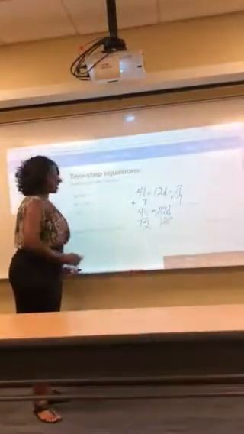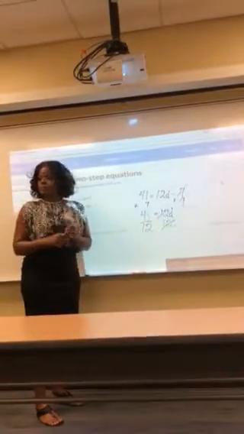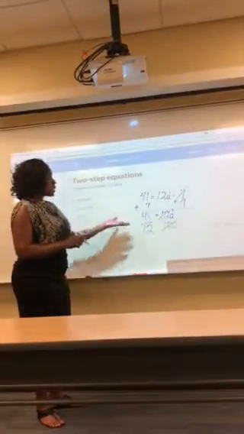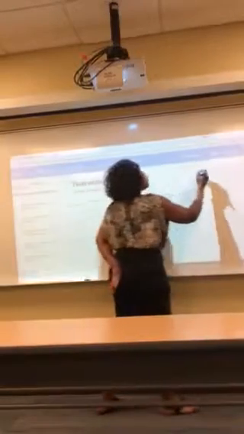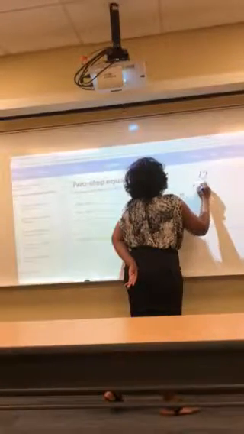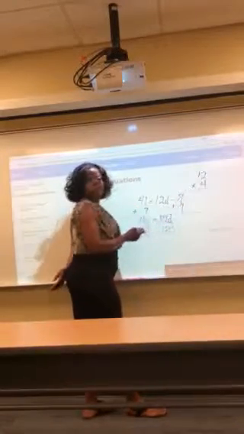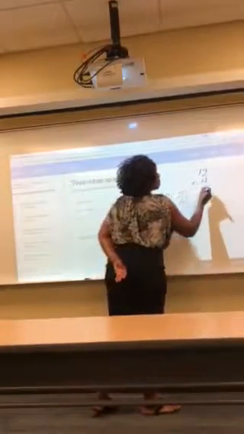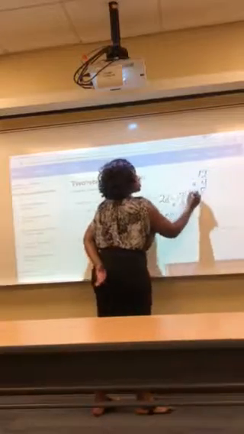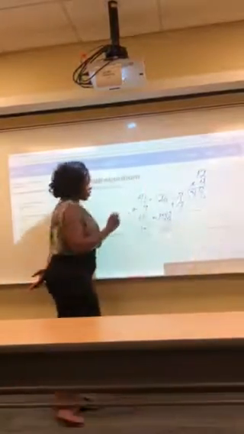And someone tell me what that is. 12 into 48. 4. Okay, so let's check this out. 12 times 4. 4 times 2 is 8. 4 times 1 is 4, so that checked out.